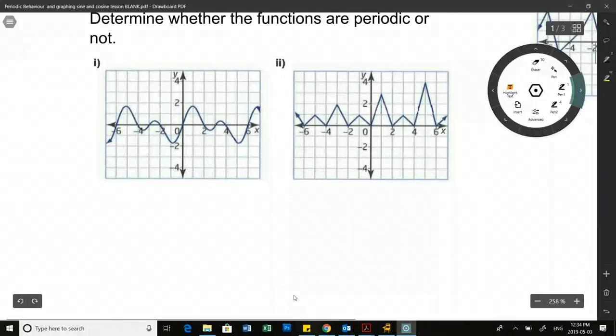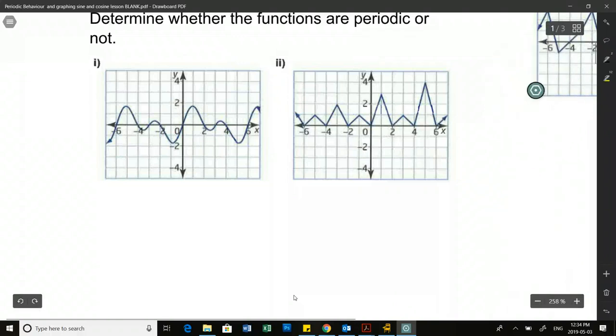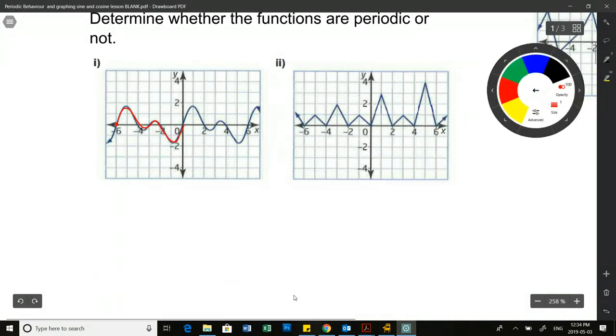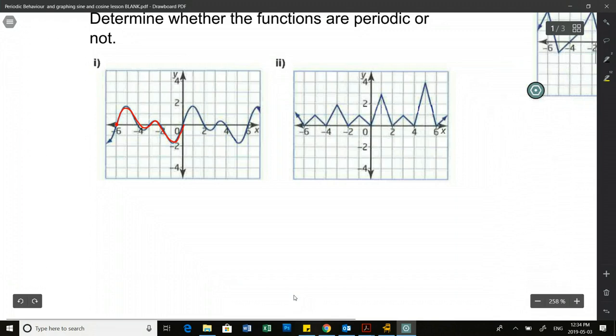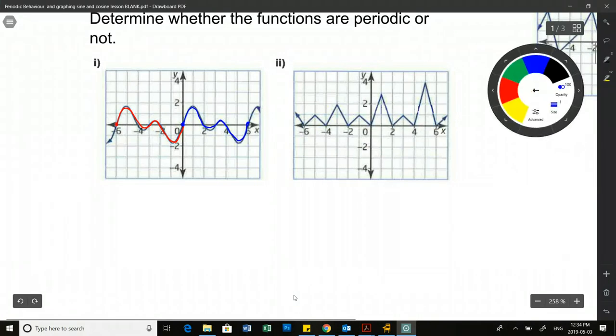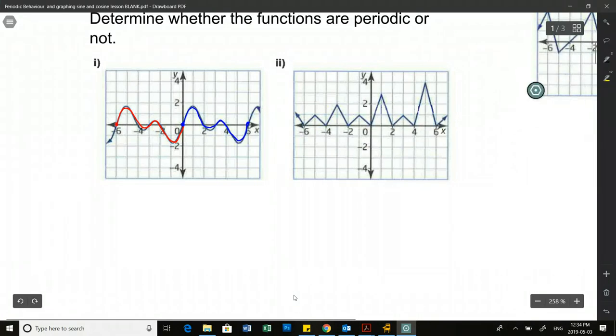Does it look like the pattern repeats and then repeats and then repeats? Yes. So let's suppose we start here. I have one section of the pattern, and then we'll notice that immediately after that section of the pattern stops, it starts again, right? So these are two periods, or two cycles, of this periodic function. Okay, so yes, this is periodic.